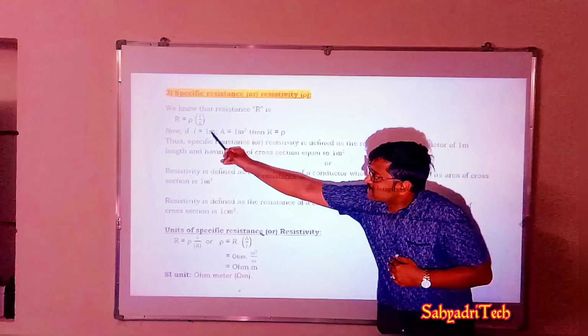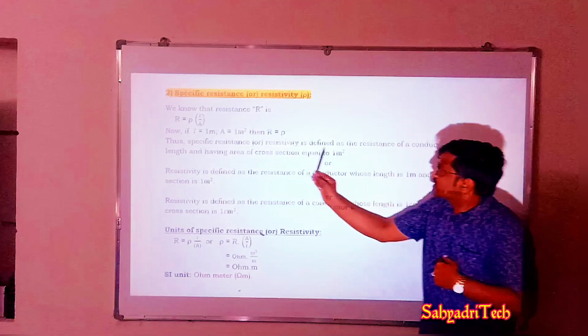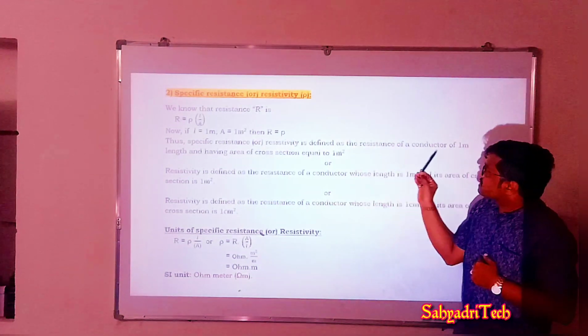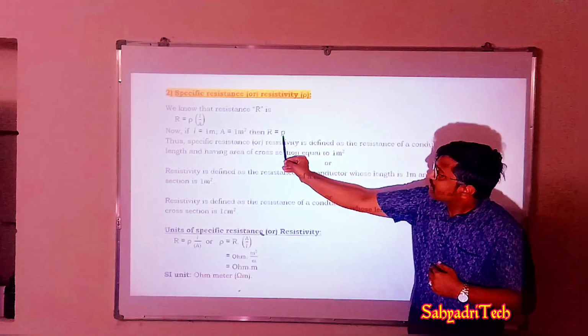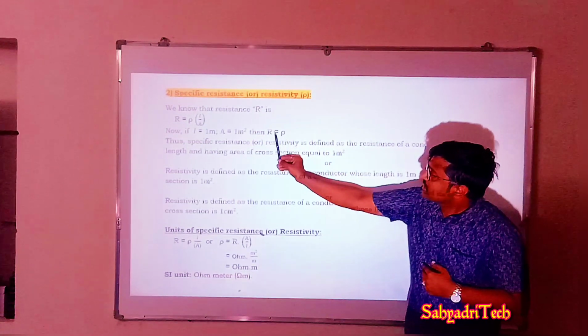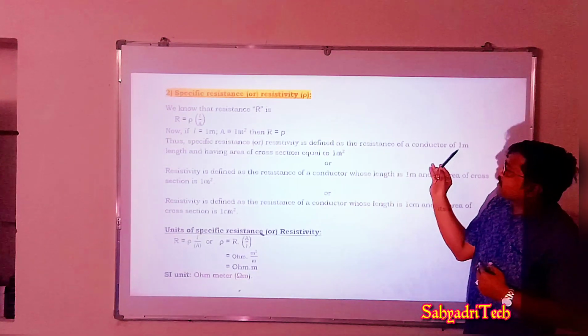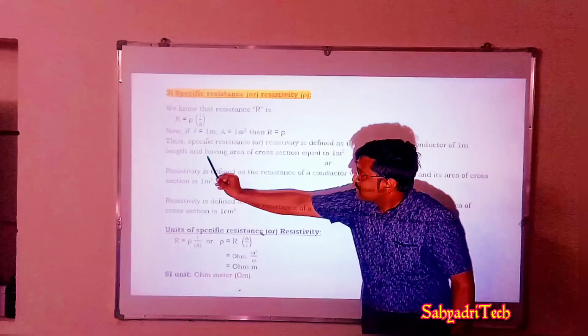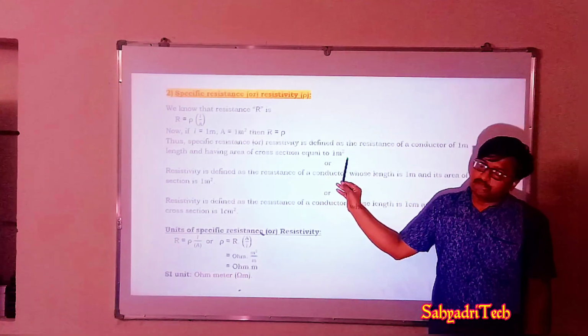So according to this consideration, specific resistivity, or resistivity, is the resistance of a conductor having 1 meter length and an area of cross section equal to 1 meter square.